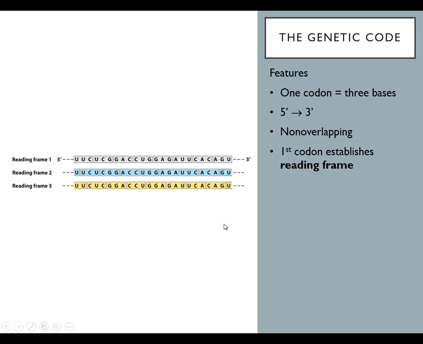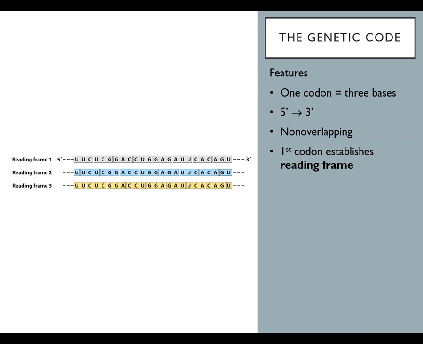Also, wherever translation starts, and translation doesn't start necessarily at the 5' end of the mRNA, so it starts somewhere internal to the mRNA. But wherever the first codon is, and we'll talk about initiation of translation later, wherever that first codon begins, that establishes what's called the reading frame.